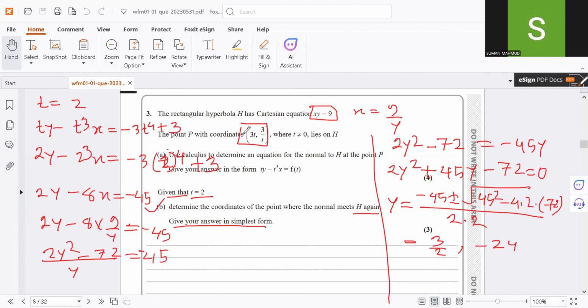So now we have to find x equals 9/y. So x equals 9 divided by 3/2, which equals 6.